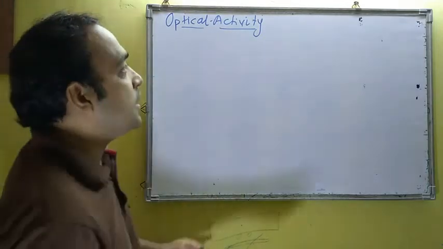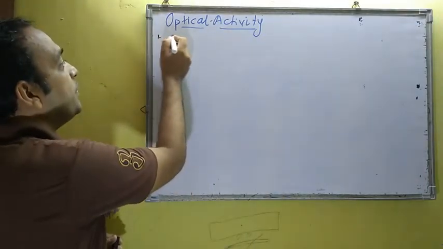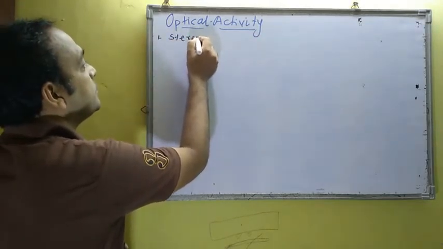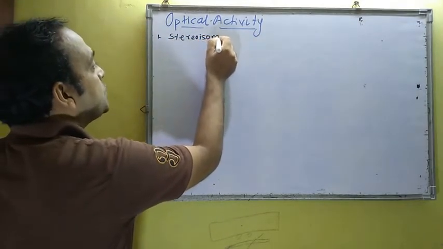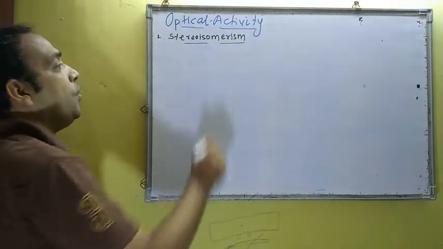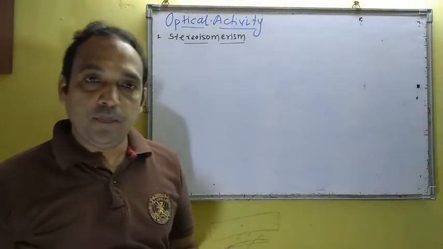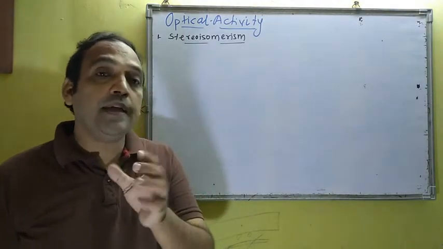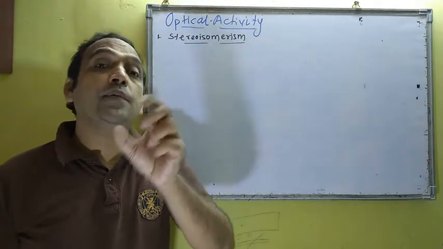So we will start our point from stereoisomerism. Now what is stereoisomerism, or what are stereoisomers? Isomers having the same bond connectivity.